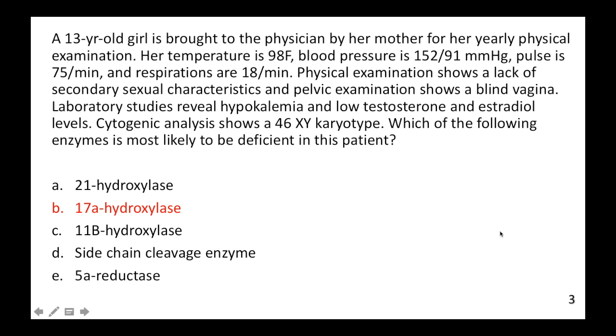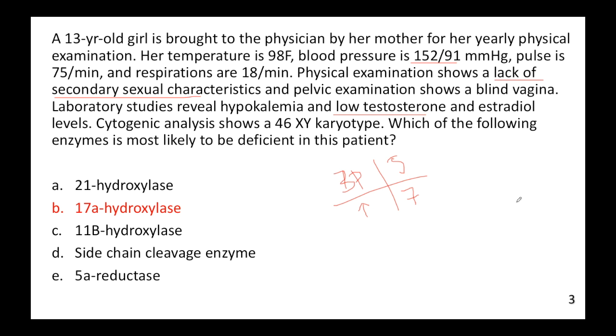B is correct. So if we're solely going off our BP sex chart here, increased blood pressure that we can see, but a lack of sex hormone production, which is why we have low testosterone and lack of secondary sexual characteristics.